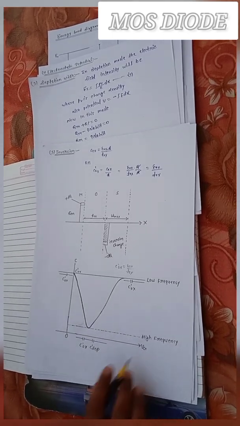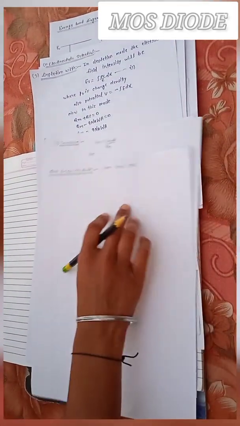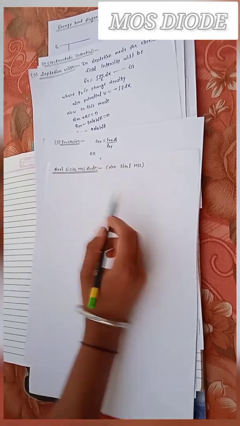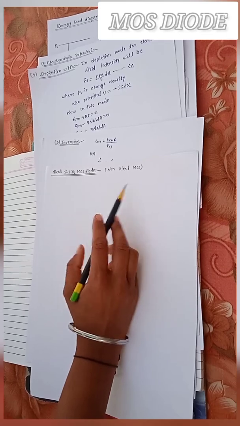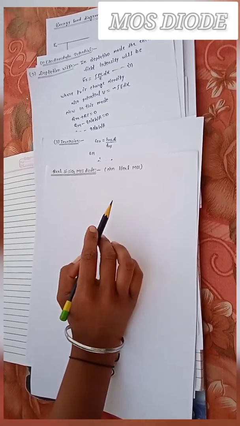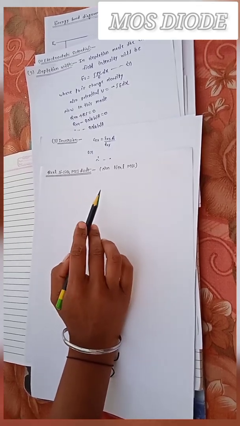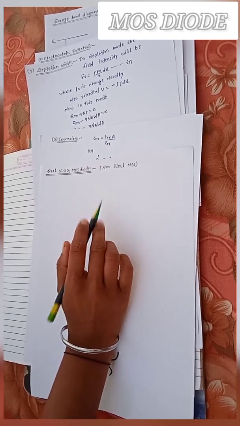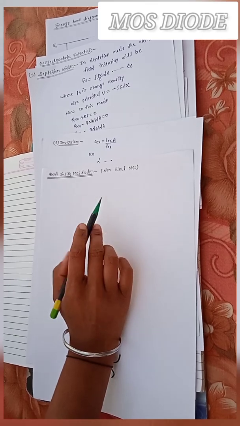And next, the real silicon dioxide MOS diode, the non-ideal MOS. In the real case, the work function difference between the metal and semiconductor is generally not zero, as in our idealized case, and certainly is not for the most commonly used metals in the metal silicon dioxide system.